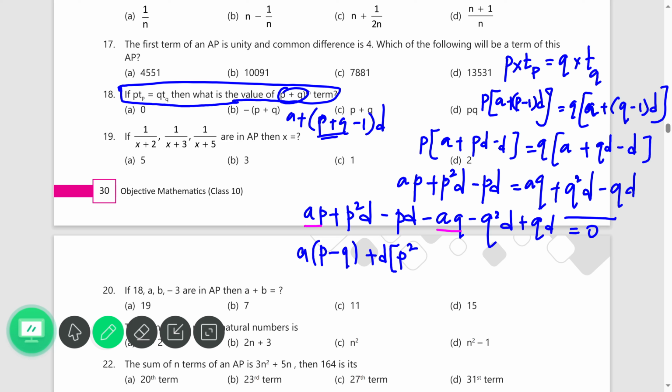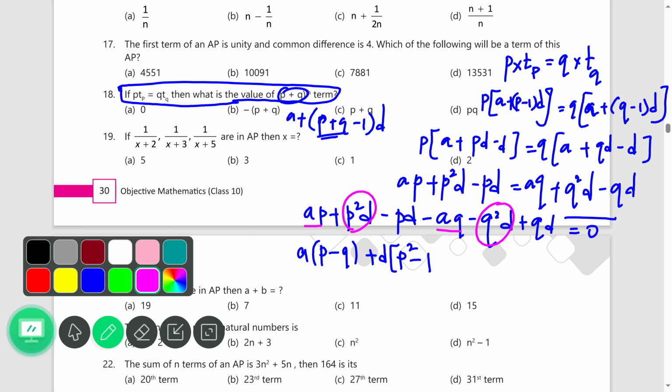First the square terms, all you just gather together. Here you see there is a square term and a square term. Square terms first I am gathering, then I go to the next, otherwise I am going as per the degree. So if you take D outside, P square minus Q square, next minus P, next plus Q, which is equal to 0.